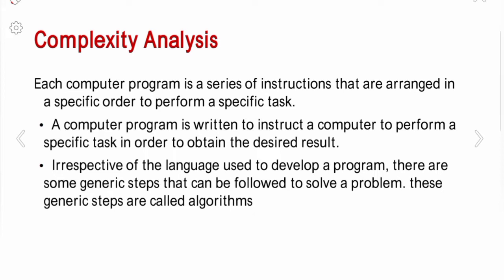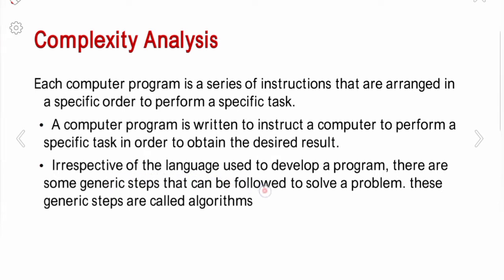Then I will use the command Control P to print the document. Based on the instruction, the computer is going to produce the output, that is the printout of the document, right? So in this manner, I am obtaining the desired result, that is the document printout.